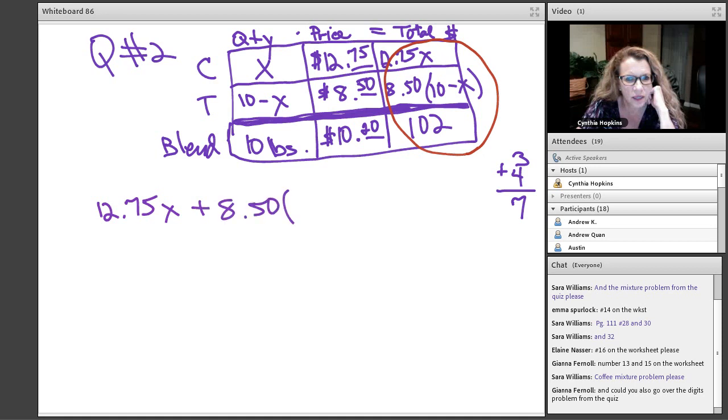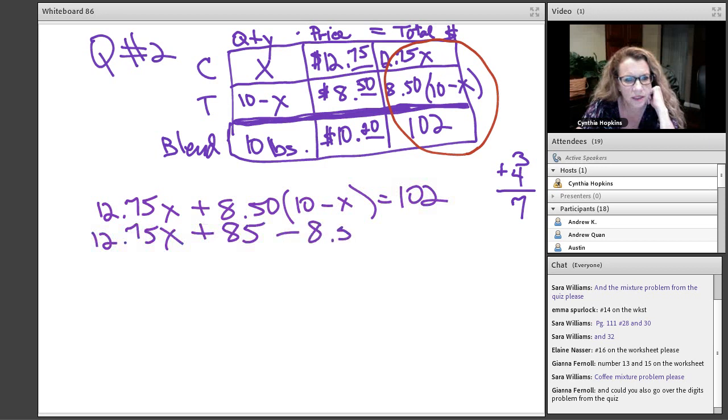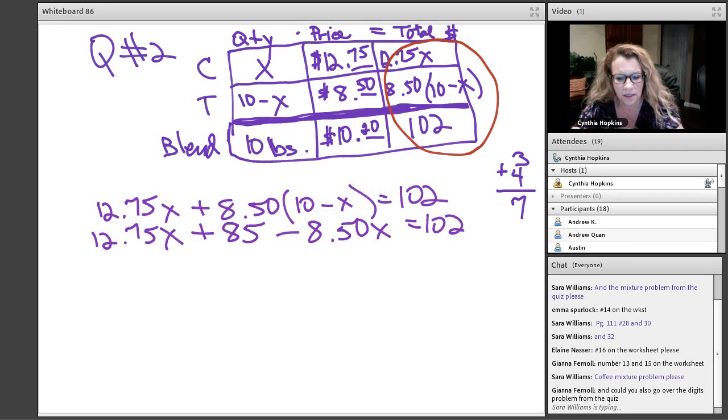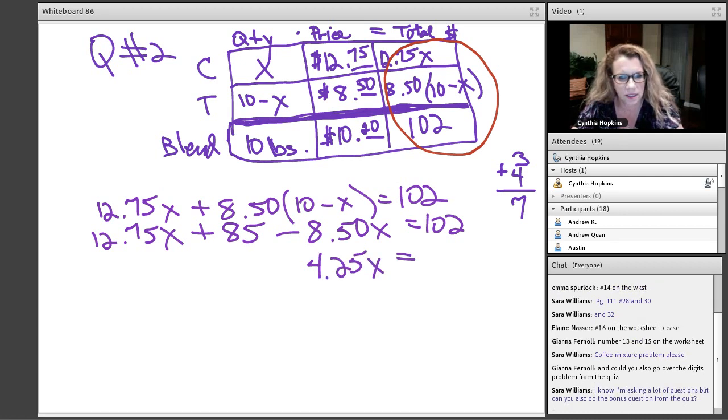All right, so now I'm going to distribute my 8.50. So I get 85 minus 8.50x equals 102. Let's use our calculator to not make careless mistakes. 12.75 minus 8.50, and I get 4.25x, and then 102 minus 85, and I get 17. So 17 divided by 4.25 is 4.